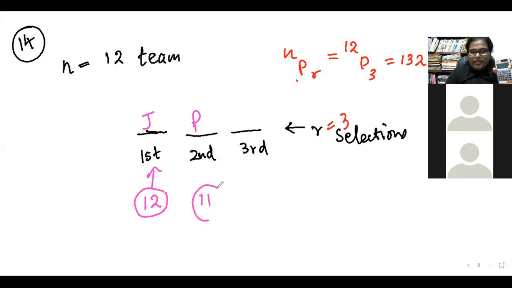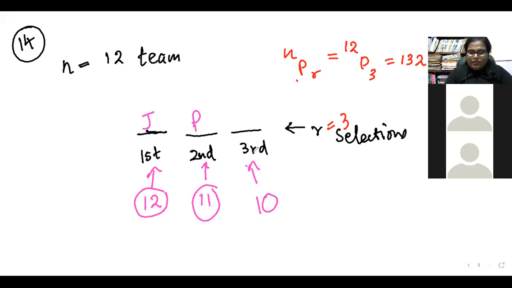Right? Then after allocating second position, you have to go for the third position. So Jaffna and Peradeniya have already won first and second place. Then how many teams can compete for this third position? We have 10 universities fighting for this third position.